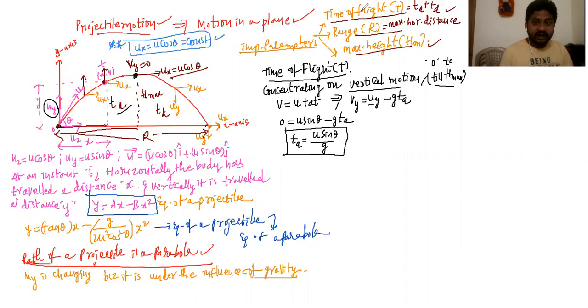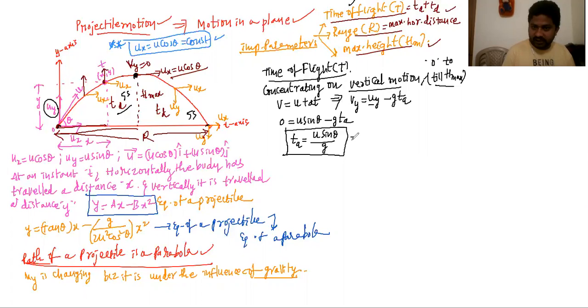But we need the time of flight. How much time it took from 0 to maximum height, the same amount of time the particle will take from maximum height to the ground again. Imagine if your time of ascent is 5 seconds, definitely time of descent also will be 5 seconds.